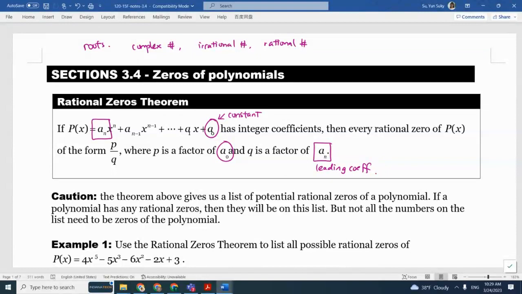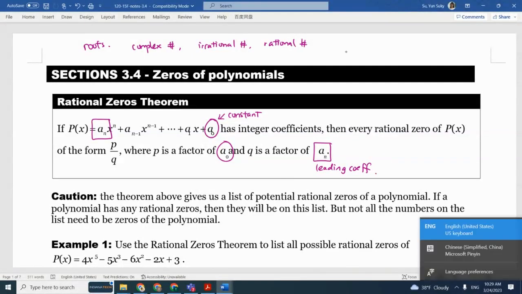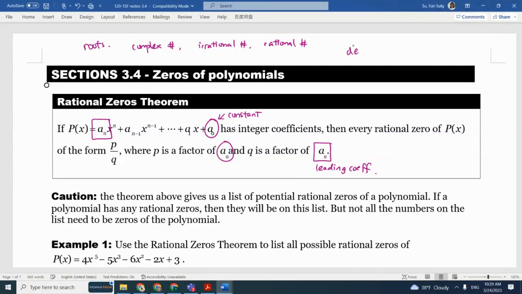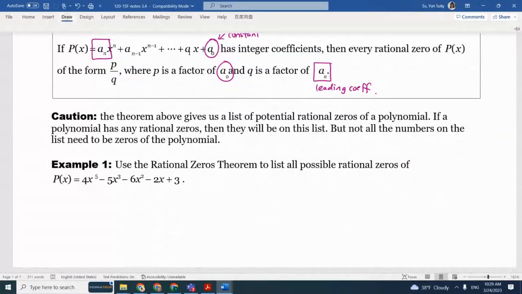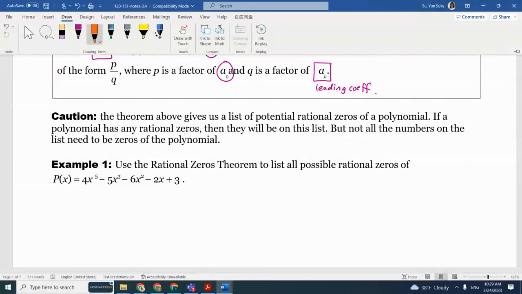Usually, a degree n polynomial has at most n roots. So not all the numbers on the list are the rational roots of the polynomial. So let's do examples. Yes, examples help us to understand.